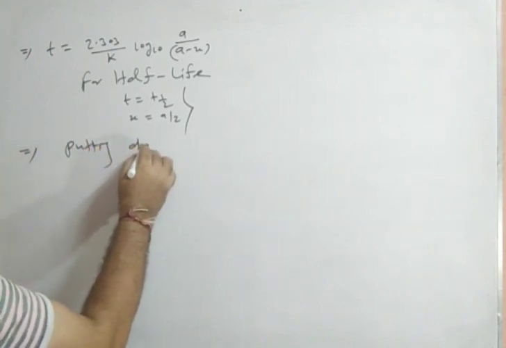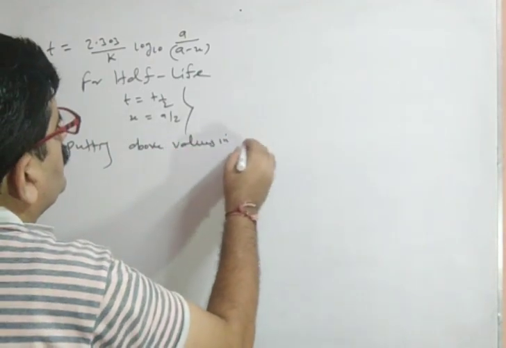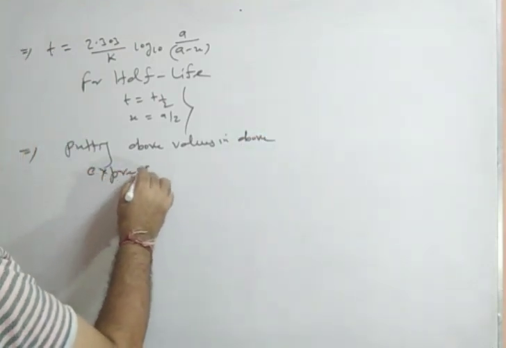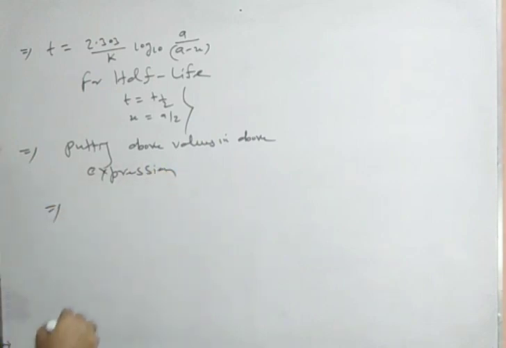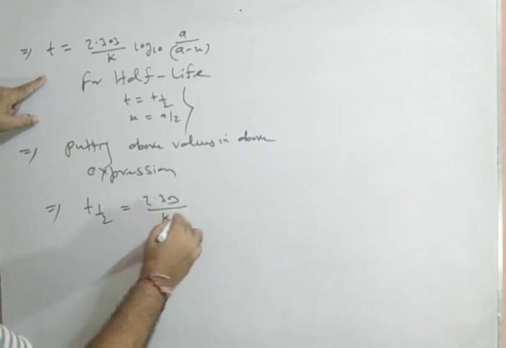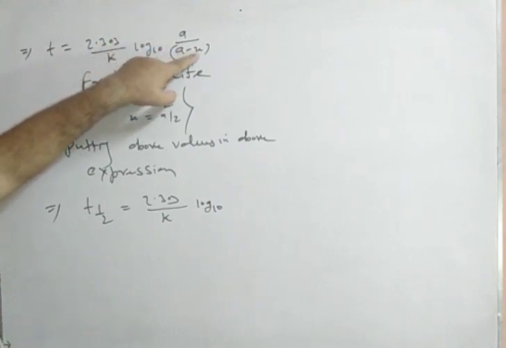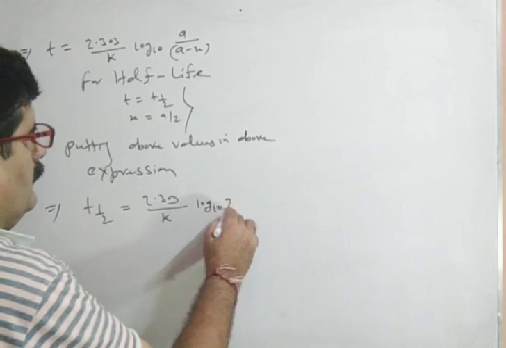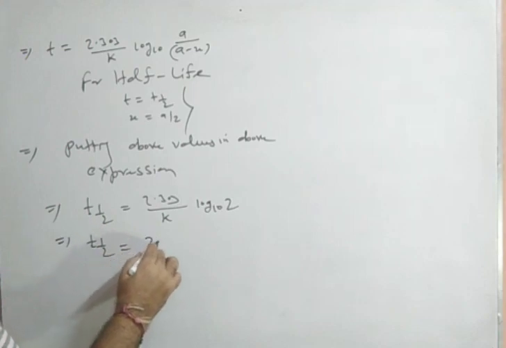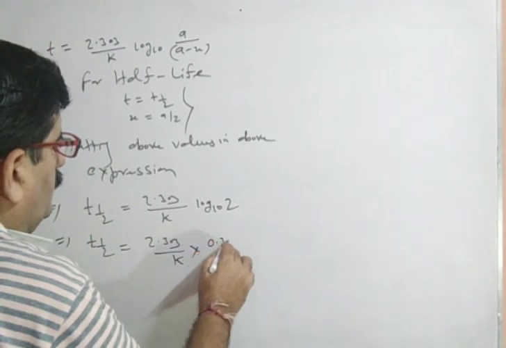Putting above values in above expression, we get t half is equal to 2.303 by k log base 10 of a over a minus a by 2, a cancels, so t half is equal to 2.303 by k log base 10 of 2, and log 2 is equal to 0.3010.